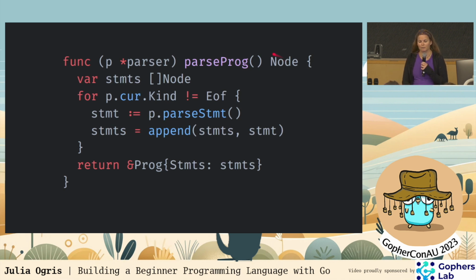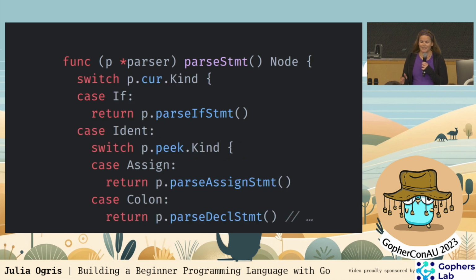So on the top level, parse program returns the root node of the AST, which is of type program. It does that by iterating through the token sequence until it reaches its end, and it keeps on calling parse statement on it. The return value is again an AST node, and it's collected in a statement slice and then just wrapped in that program type.